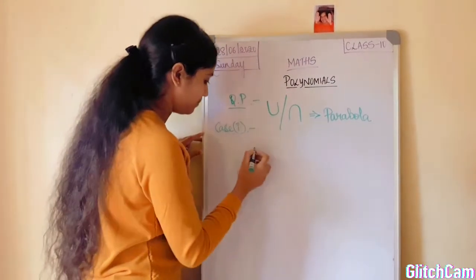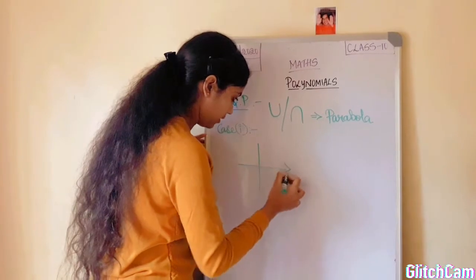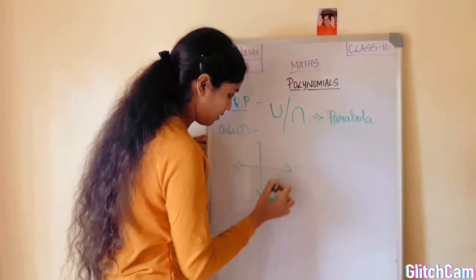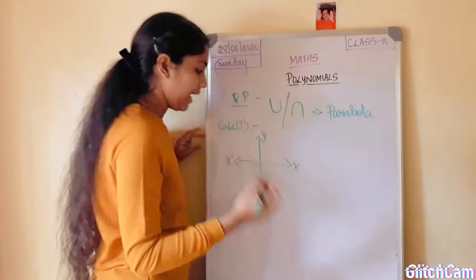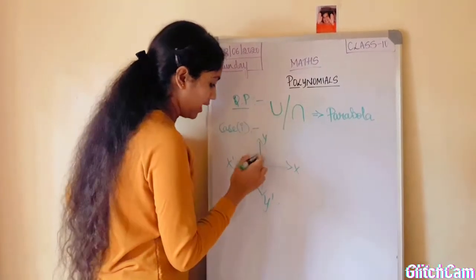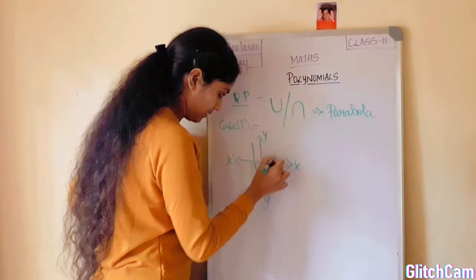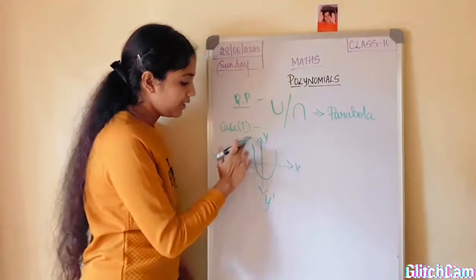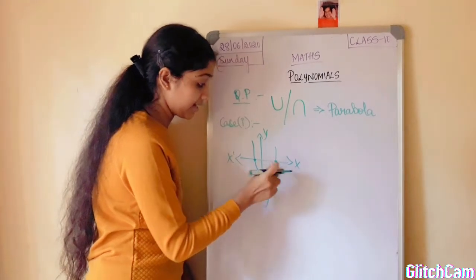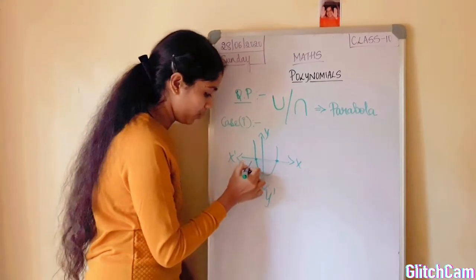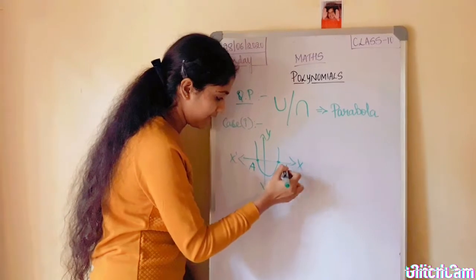Case 1 is when you have the Cartesian plane, x dash, y dash, and this parabola intersects this way. Now you can see that it intersects the x-axis at 2 points, name them as a and a dash.